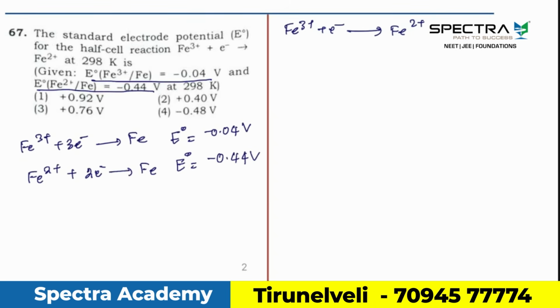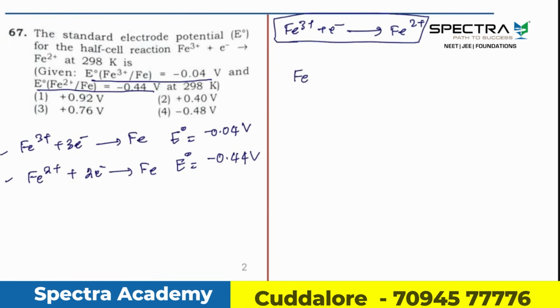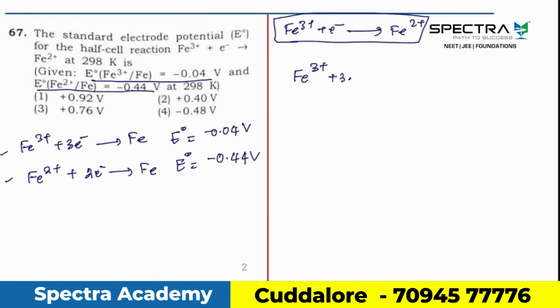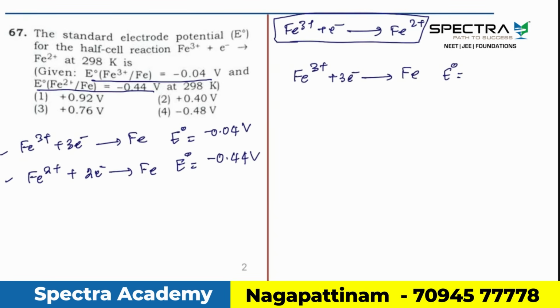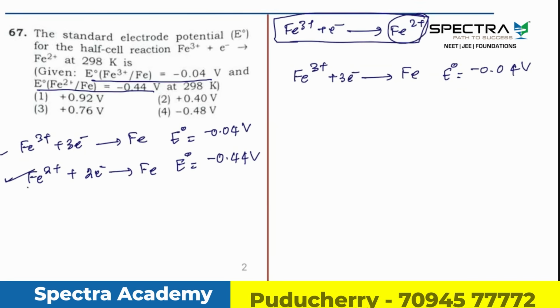Now from these two reactions we have to frame this final reduction reaction. For that, we can take the first reaction as it is, that is Fe3+ plus 3 electrons will give you Fe. The potential of this reduction is minus 0.04 volt. Now, we need Fe2+ on the product side. For that, we can reverse the second reaction.